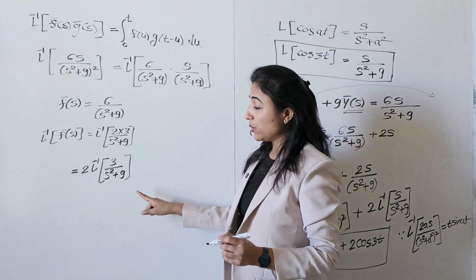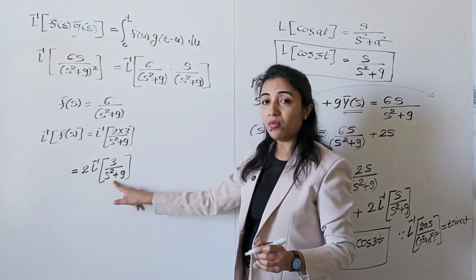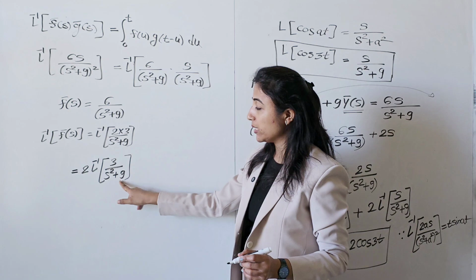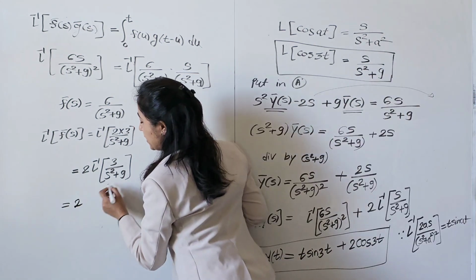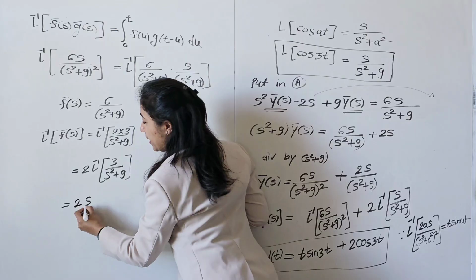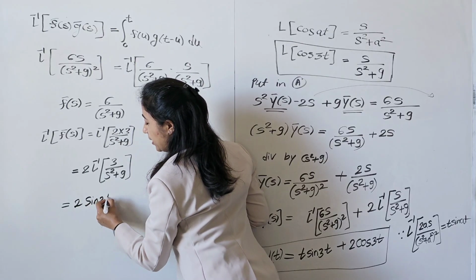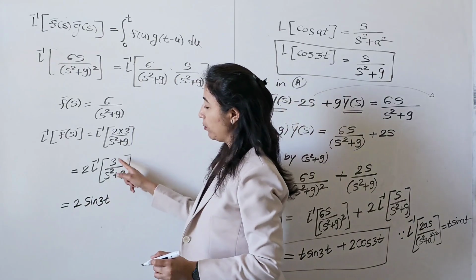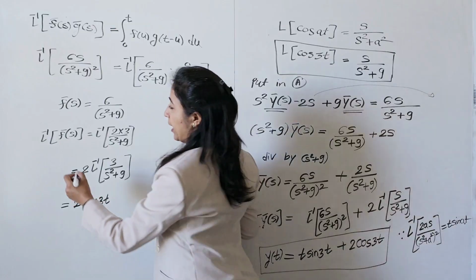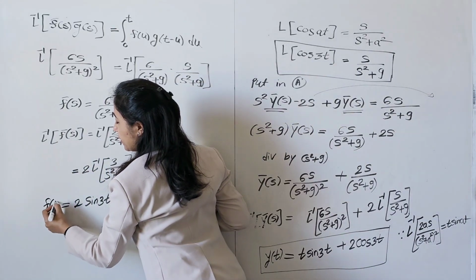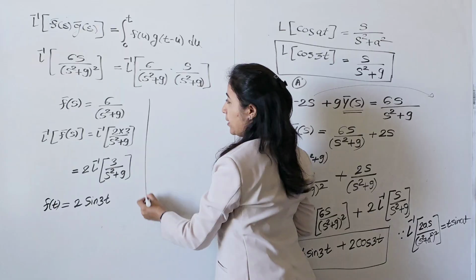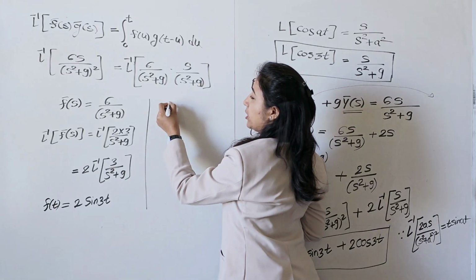Why have I written this? Because it is the formula a upon s square plus a square, which is sin at. Here 2 stays as it is, and this is nothing but sin 3t. The Laplace of sin 3t is 3 upon s square plus 9, and the Laplace inverse of this term is f of t. Now the second is our function g.